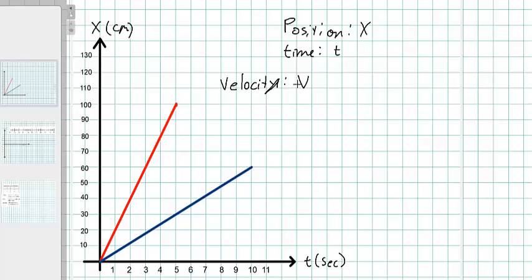The velocity is defined as the change in position over the change in time. If you find the slope of this graph, you find y2 minus y1 over x2 minus x1, but in this case we don't have y and x, we have position and time.